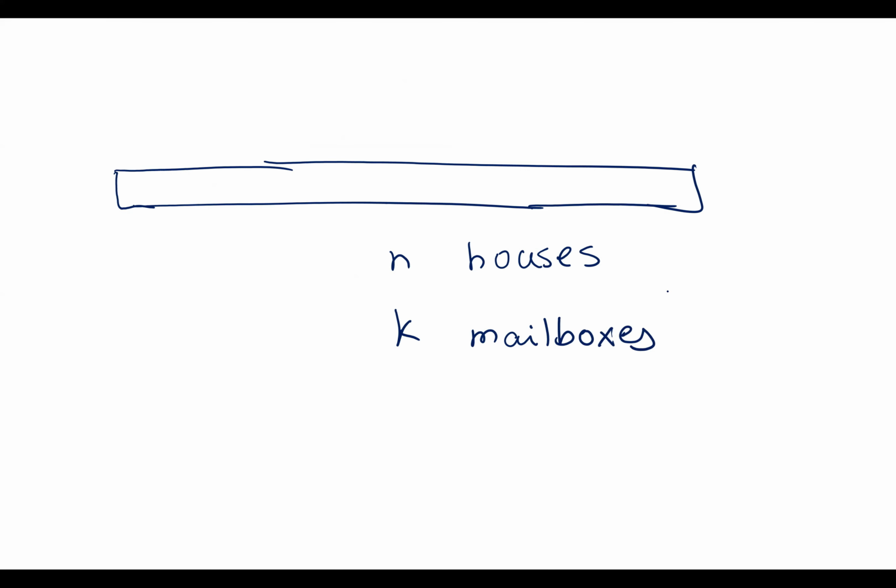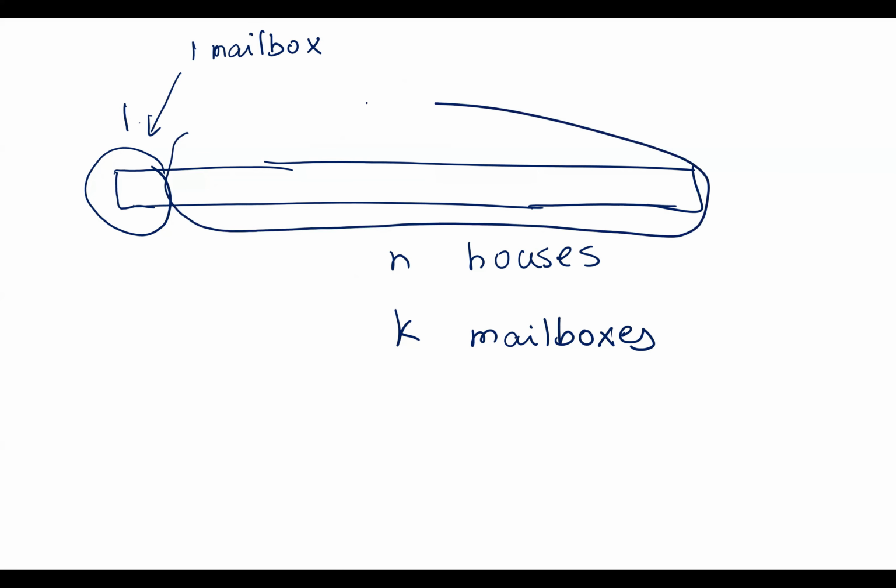So what we do is we first make a group of 1 house and assign 1 mailbox. And then for the rest, we make another group and assign k minus 1 mailboxes there.